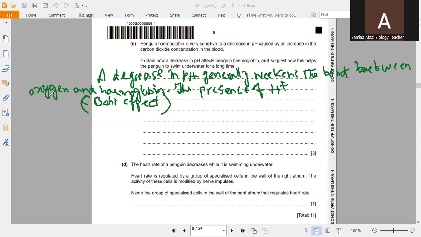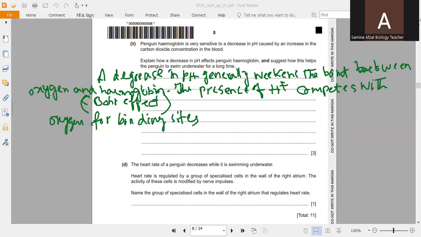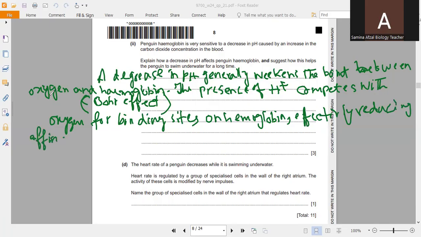The presence of hydrogen ions competes with oxygen for binding sites on hemoglobin, effectively reducing affinity for oxygen.